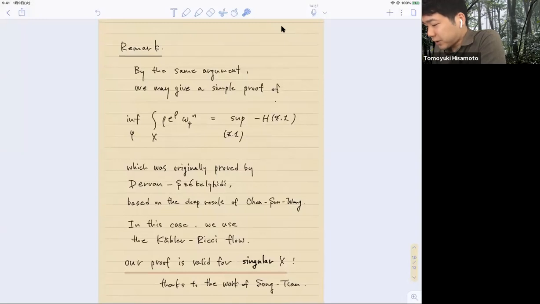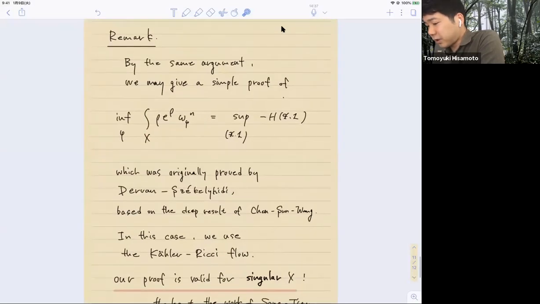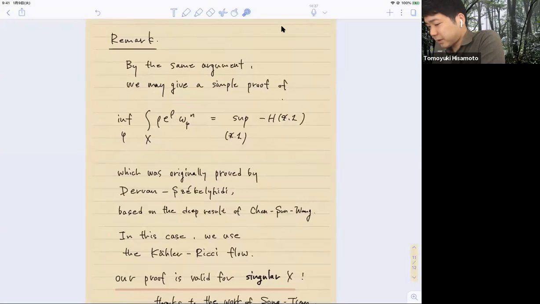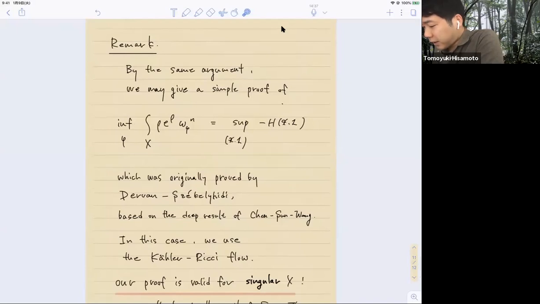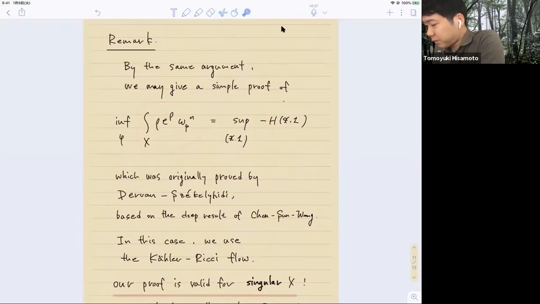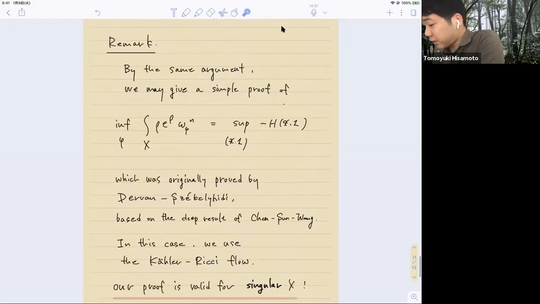The entropy functional is the integration of rho times log rho, which appears as some reduction of the W-like functional, and for this functional, the infimum is equivalent to the supremum of a different H invariant introduced by Dervan-Székelyhidi.